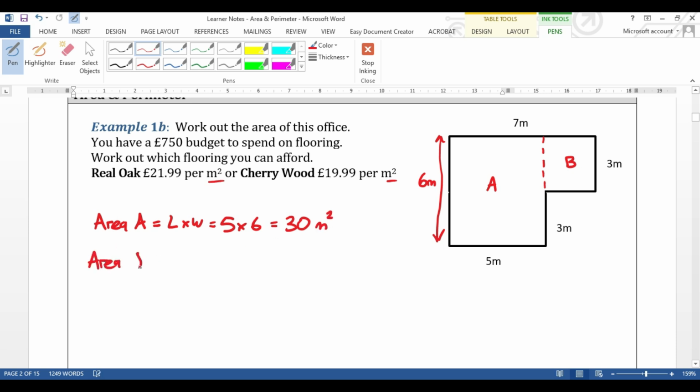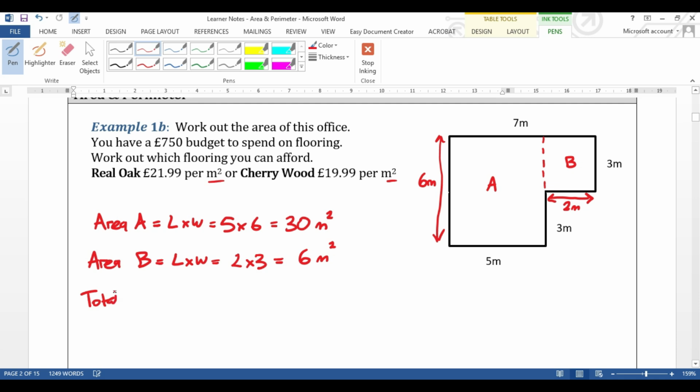And then for area B, again that's length times width. I'm going to need this length here. I already have the height. So this length here is going to be 7 take away 5, which is 2 meters across. So that's 2 times 3, which gives me 6 meters squared.